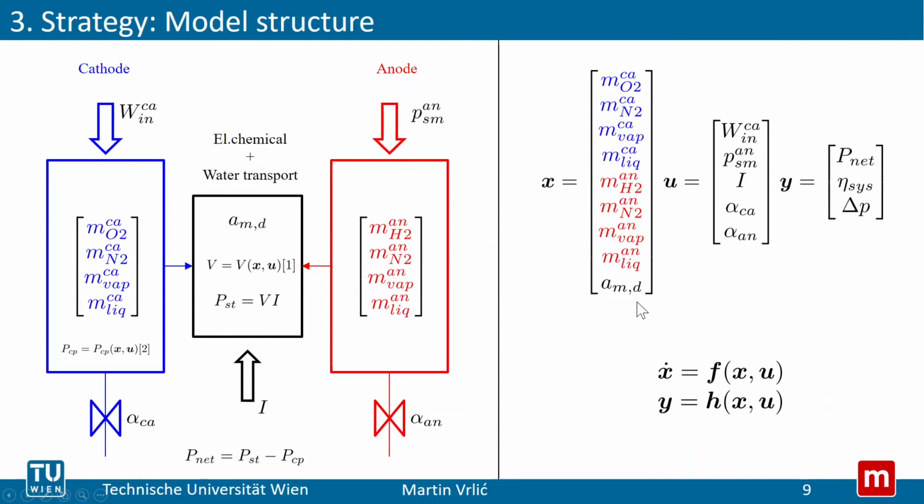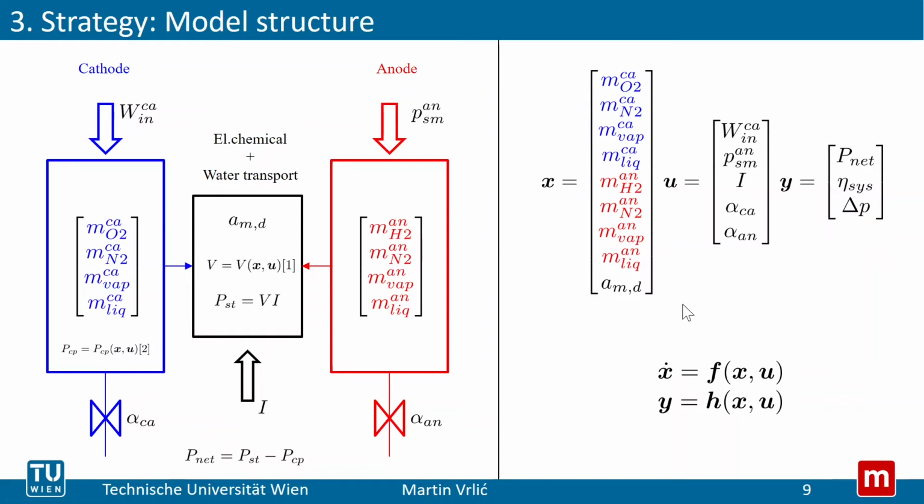Here we can see the vector of states, the vector of inputs. But there is also one other vector, the vector of outputs. These are the quantities that we actually want to control. These are the net system power, the system efficiency, and the membrane overpressure, the pressure difference between anode and cathode.